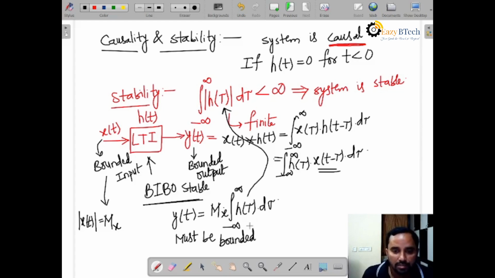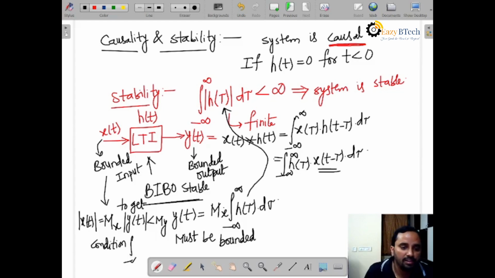Understand? To get the value of y of t less than infinity, what is the condition? This integral will decide.